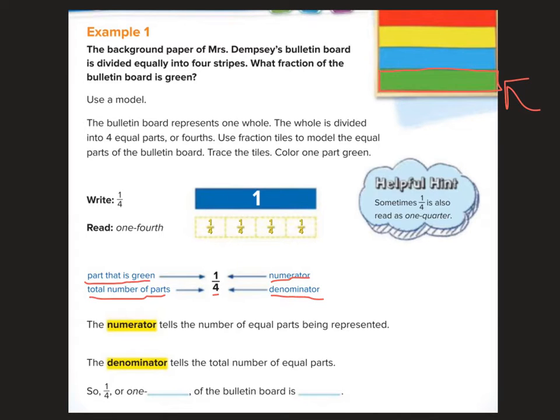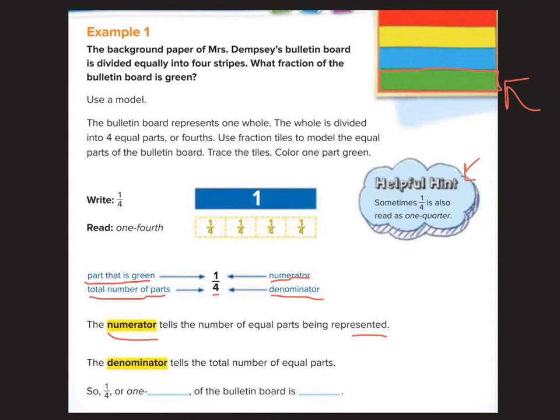Okay. So a helpful hint over here, sometimes 1/4 is also read as one fourth. Okay, so just some vocabulary words because I'll be referring to them. Numerator tells the number of equal parts being represented. Okay, so it might be the number that's shaded in, it might be the number that we're choosing, it might be the number that someone's taking.